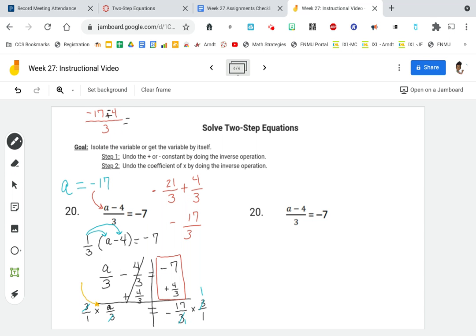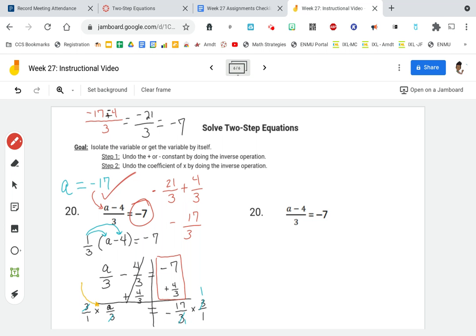So negative 17 plus negative 4 is negative 21 divided by 3. And negative 21 divided by 3 is just negative 7, which is exactly what it's supposed to be. So our answer up here is correct. Check.